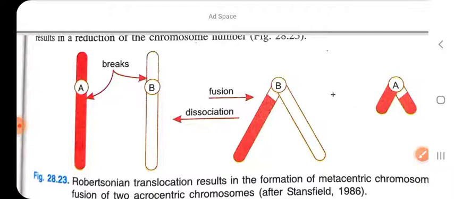This is called Robertsonian translocation, which leads to change in the number of chromosomes.